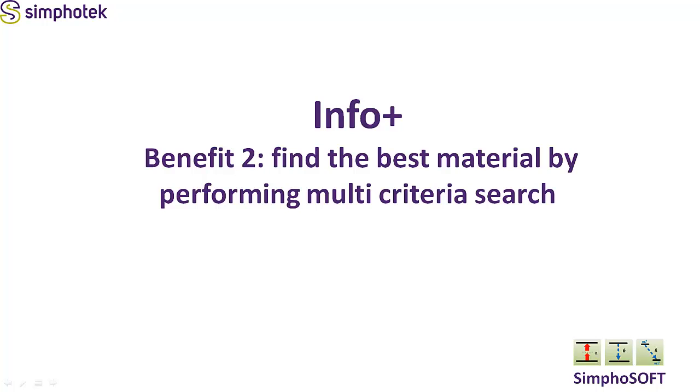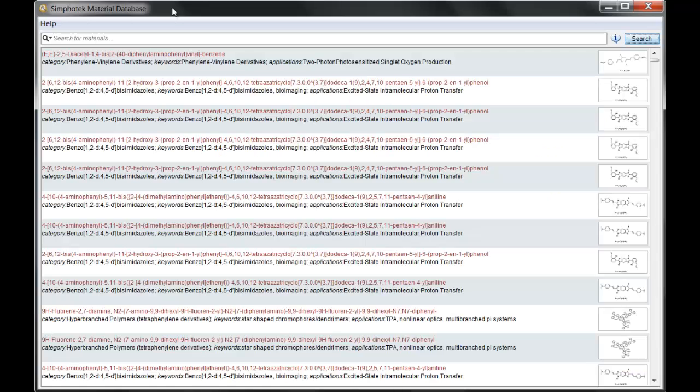An Info Finder crucial feature is multi-criterion searches. It allows finding the best materials within desired categories of materials. We now show an example of how to find a material with the largest 2-photon absorption cross-section, and that also has a 2-photon excitation wavelength within a specified range. First, you provide a 2-photon excitation range.